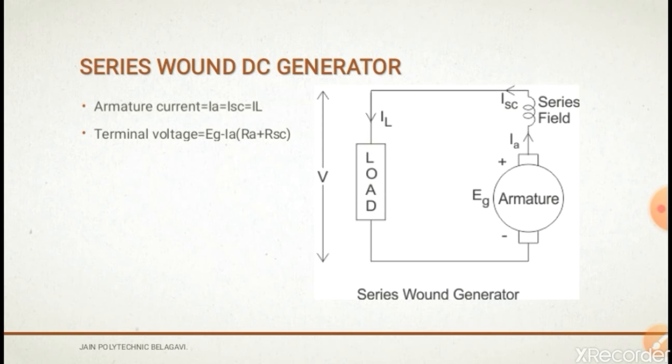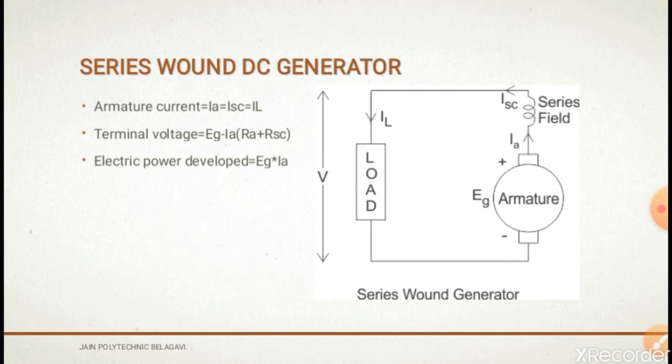The terminal voltage of this type of generator will be V equal to Eg minus Ia into Ra plus Rsc.